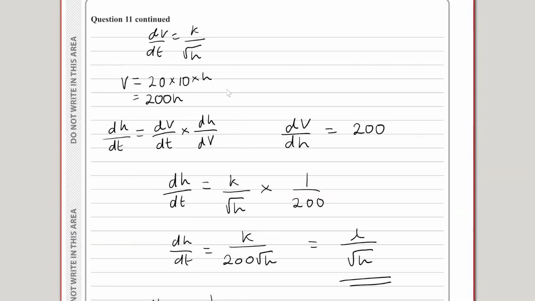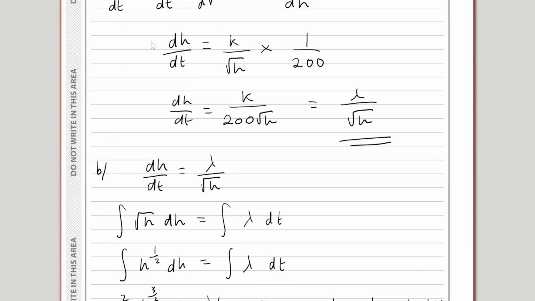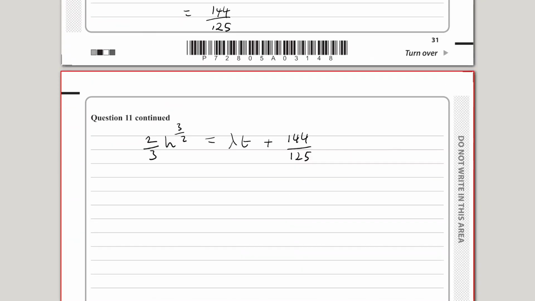And then let's use that second bit of information. t is 8, h is 3.24. So we have 2/3 of 3.24 to the power of 3 over 2 equals lambda times 8 plus 144 over 125.